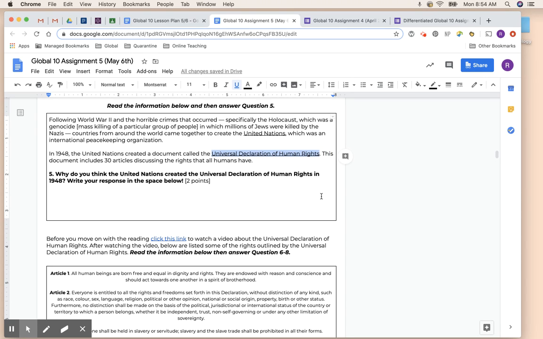This document basically has 30 articles, or 30 bullet points, that say these are the rights that all humans have. Before you move on and read about those, it says, why do you think the United Nations created the UDHR, the Universal Declaration of Human Rights? So write your response there.